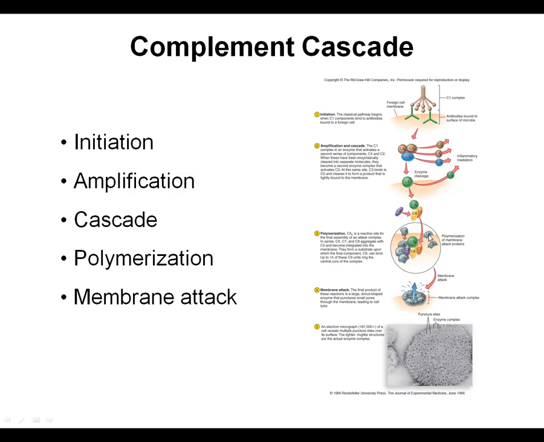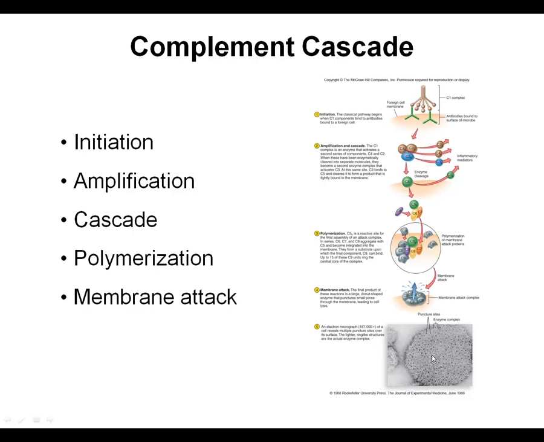There can be up to 15 of these to form this particular membrane attack complex. Once you have that polymerization of the membrane attack proteins, then you have the full membrane attack ring, and this is going to give you that donut shape that's going to puncture very small holes in the membrane.